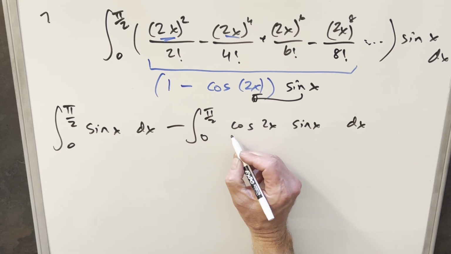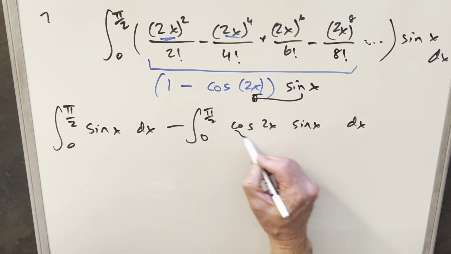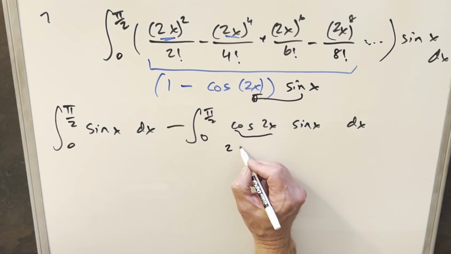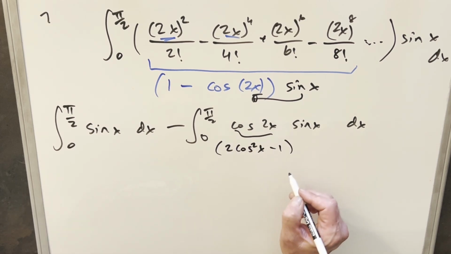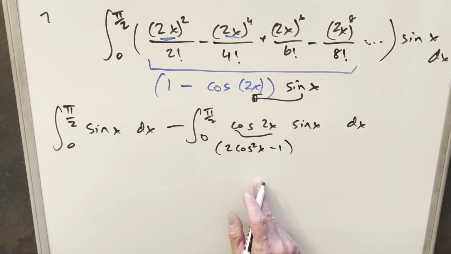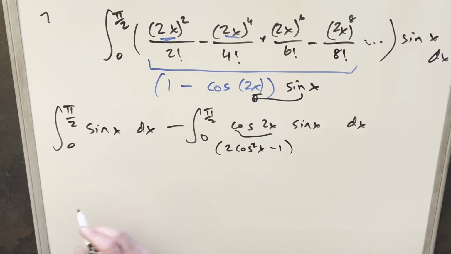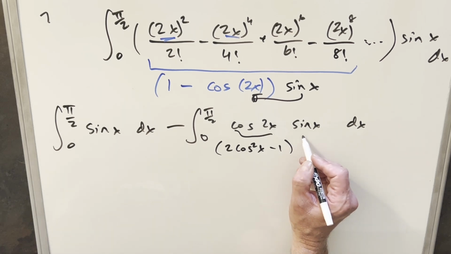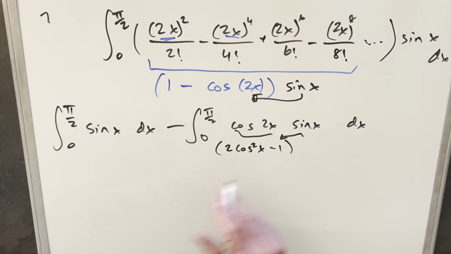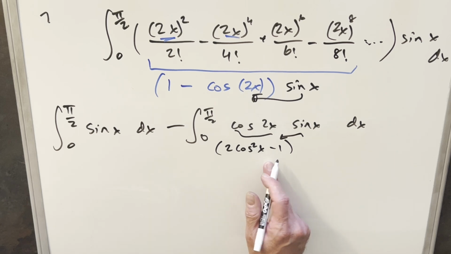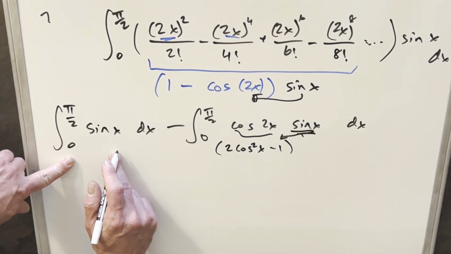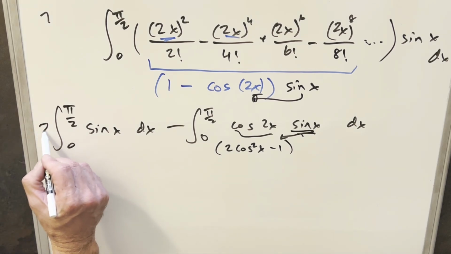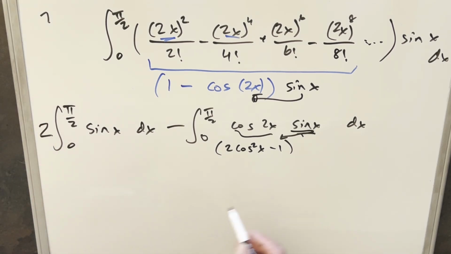There's a few ways to do this, but I'm going to write this as 2 cosine squared x minus 1 using the double angle formula to set up a u substitution. When I distribute in sine x again, I don't know if this is the most efficient way, but minus times minus gives plus another integral with sine x, the same as this right here. So I can make this 2 copies and cancel this off.